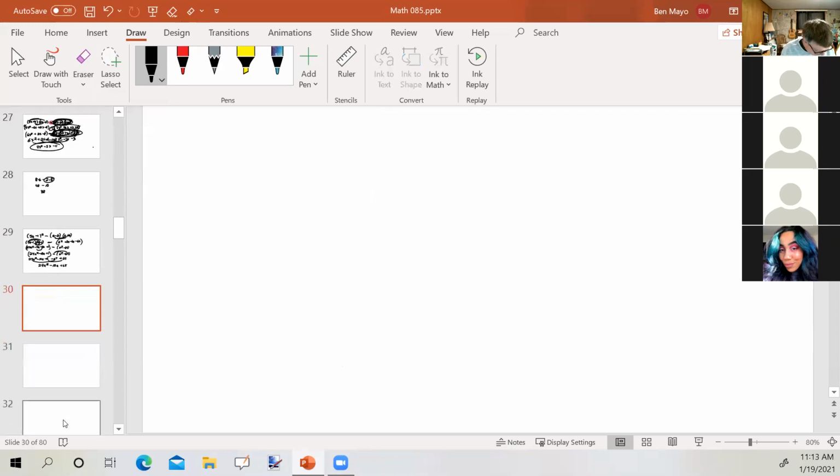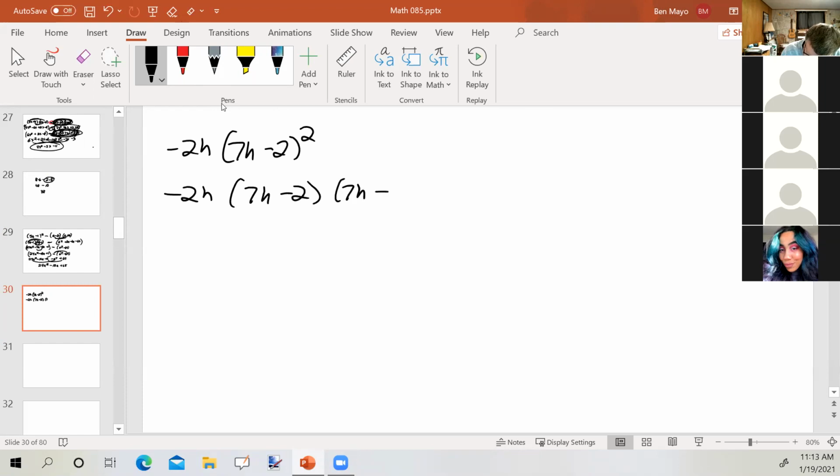Yeah. One more example. Let's say I've got negative 2h times 7h minus 2 squared. So exponents first. I've got negative 2h times the quantity 7h minus 2 times 7h minus 2. Now, I have a choice.